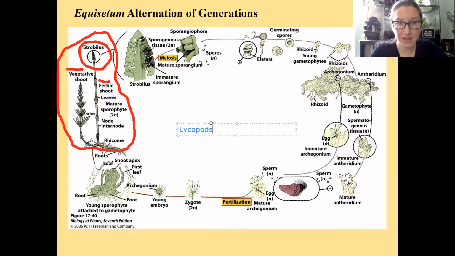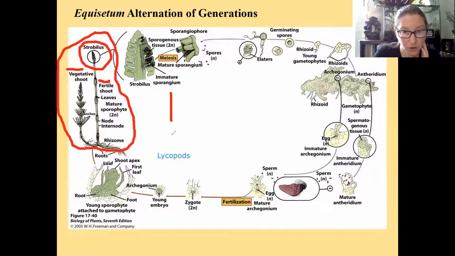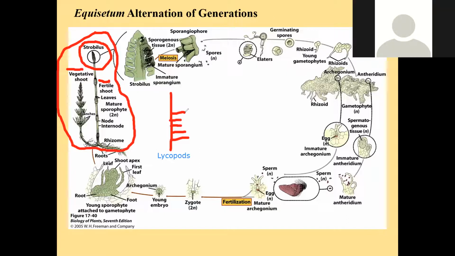In the lycopods, which I'm going to put here for a second, we're just doing a breakout right here. They had a strobilus as well, but in the lycopods, the strobilus was a stalk with leaves on it that we called a strobilus, and each leaf is a sporophyll, right?